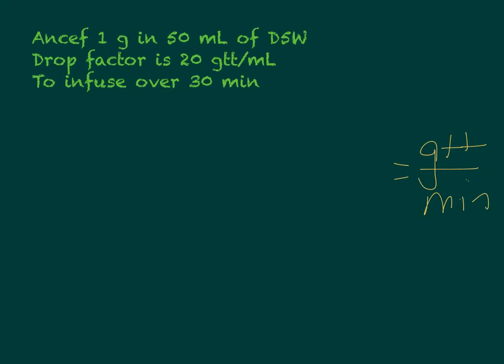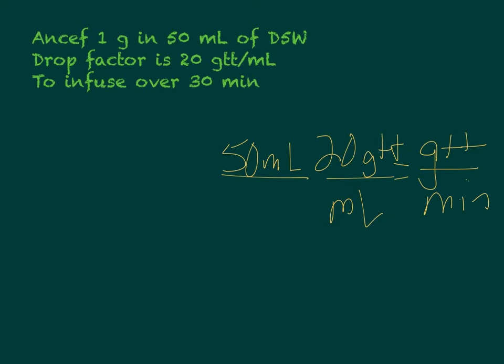All right, so let's put our drops on the top. We have a tubing set, 20 drops to 1 mL. Now, we need to get rid of mLs, so we have 50 mLs. Here's where some people get confused. This 1 gram of Ancef doesn't really count because we're not going to factor that into the problem. What we need is 50 milliliters of something. So that's what we're going to use in our problem: 50 mLs over 30 minutes.